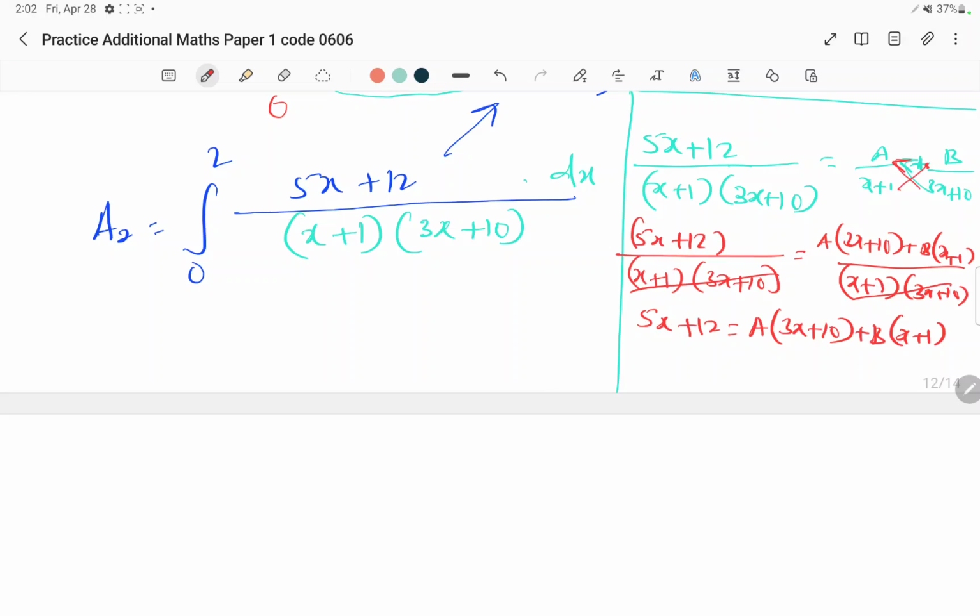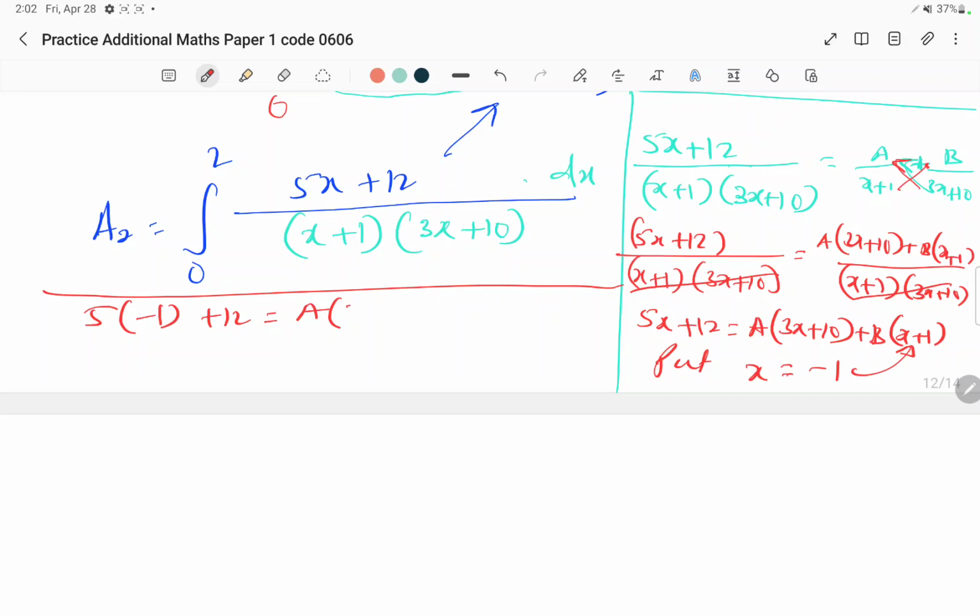Now put x equals minus 1 everywhere. So this is 5 times minus 1 plus 12 equals A times 3 times minus 1 plus 10, and B times minus 1 plus 1, that's 0. So minus 5 plus 12 is 7, and minus 3 plus 10 is 7, so 7A, and here it is 0.